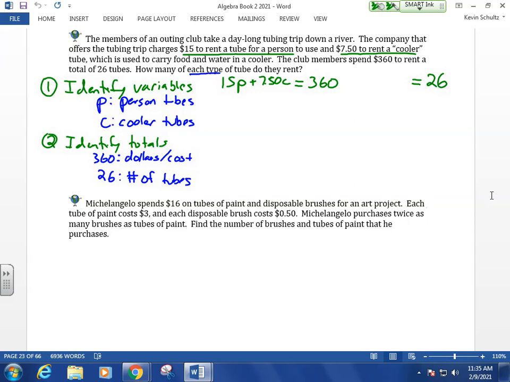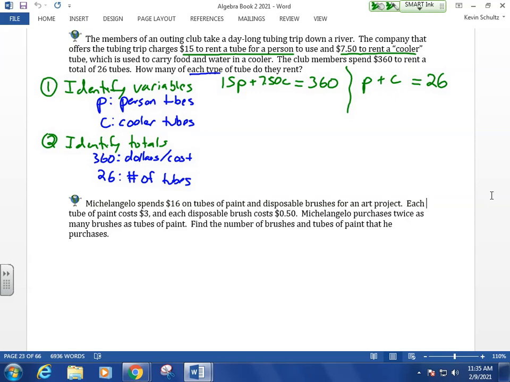Okay. How about the other one? The number of tubes purchased. What's that one going to be? Straight up, how many? P plus C. The number of person tubes plus the number of cooler tubes equals 26. Okay.